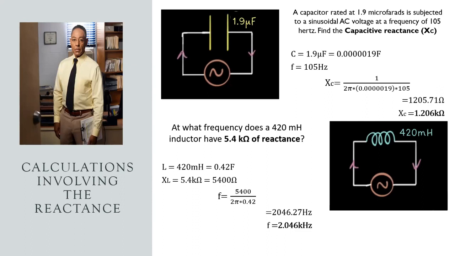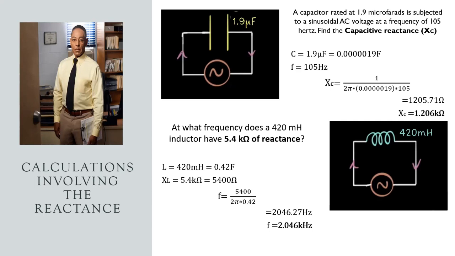And our next one, we're using an inductor instead, and we're going to work backwards from our reactance to find a frequency. As you can see, we have a 420 millihenry inductor, and we have 5.4 kilo ohms of reactance. I've converted those into our standard form and put them into our formula.